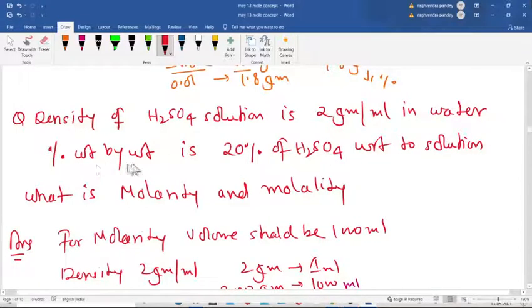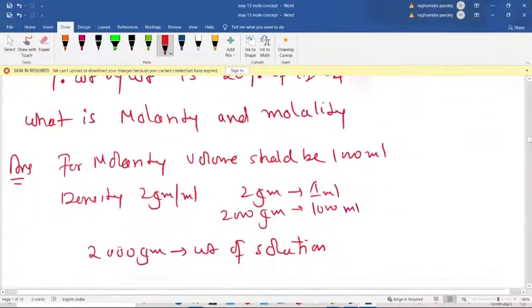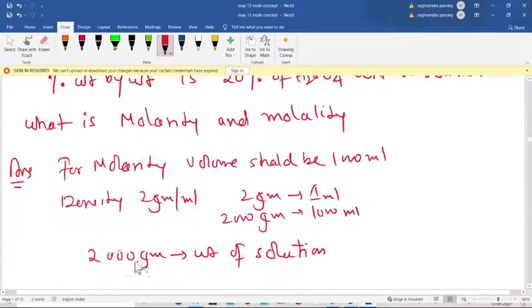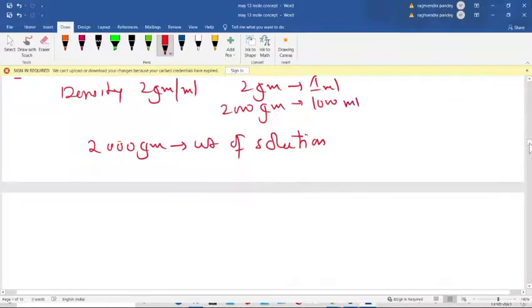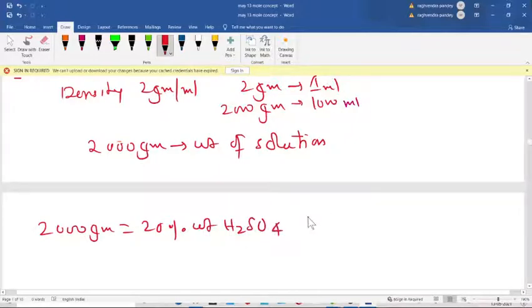Because it is written weight by weight with respect to solution. So out of this 2000 gram, 20% is H2SO4, 80% is water.